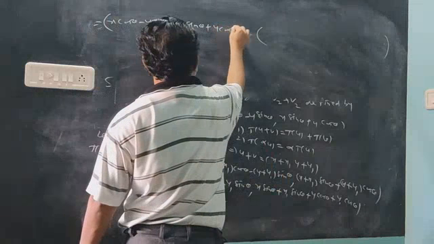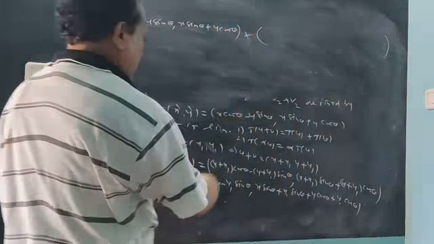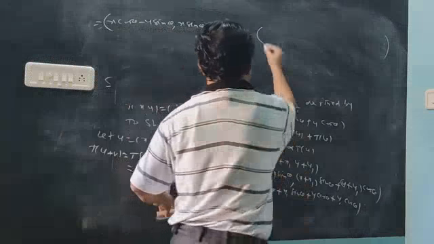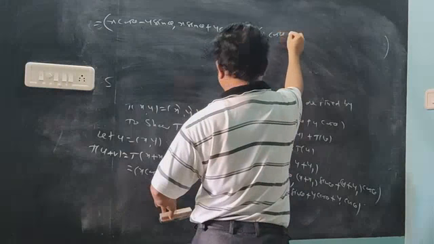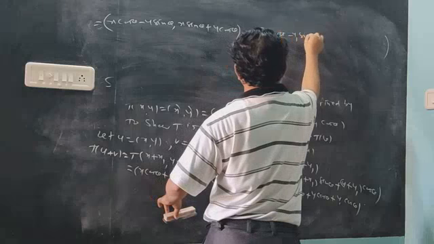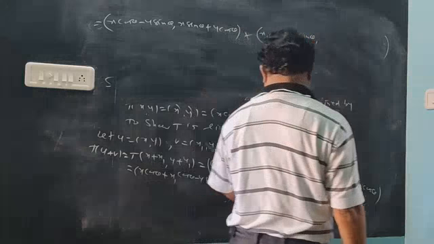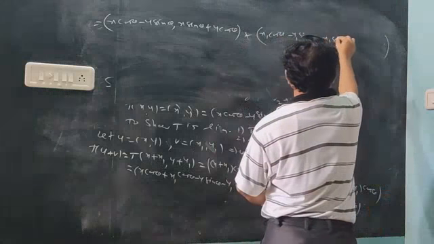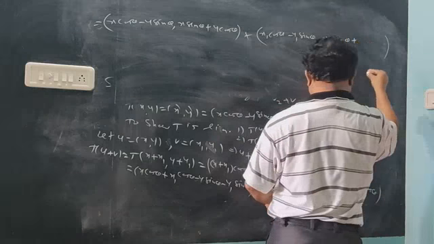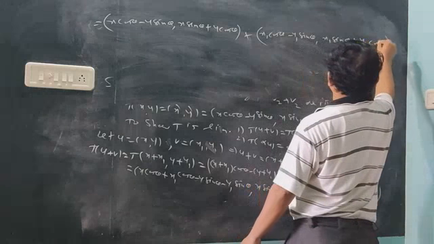The (x1, y1) terms in the second bracket: x1 cos theta minus y1 sin theta, x1 sin theta plus y1 cos theta.